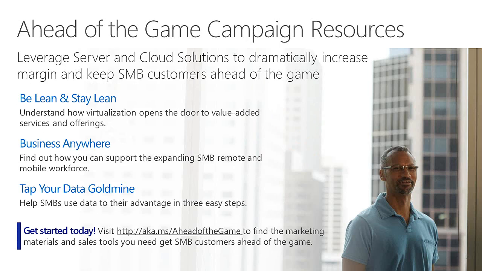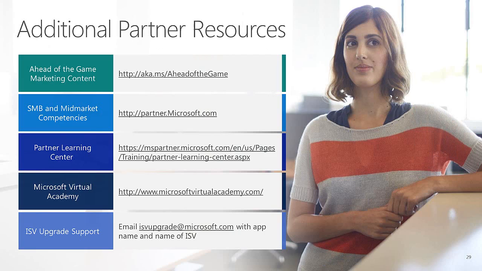And also for the partners who are watching, I wanted to give you a link to the Ahead of the Game campaign resources. So please do check these out. A lot of information here, a lot of resources that you can use to help educate your customers on the benefits of Windows Server and the Essentials experience. We also have a number of other partner resources that you can leverage, so I wanted to include this for your reference here in the deck.